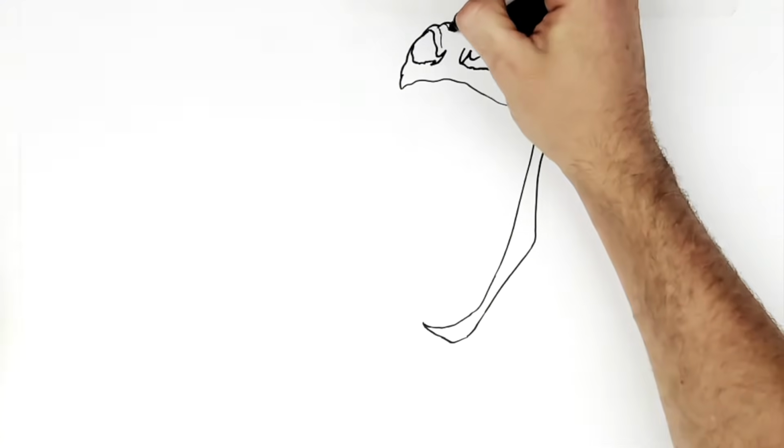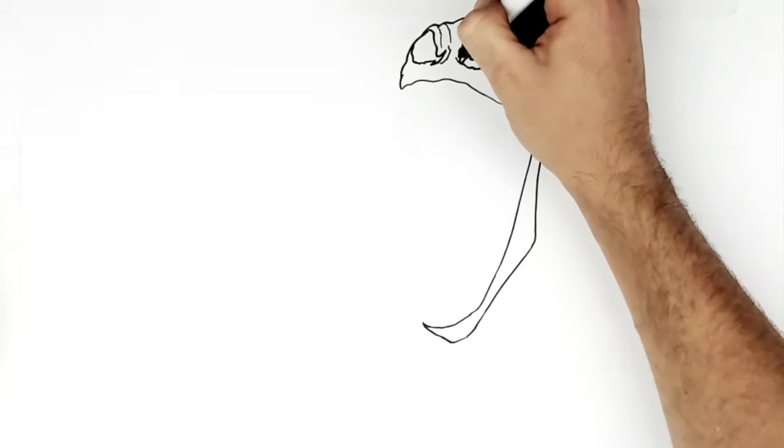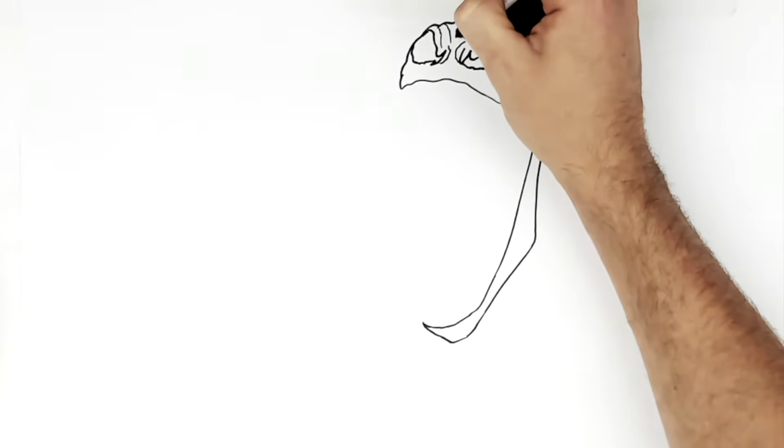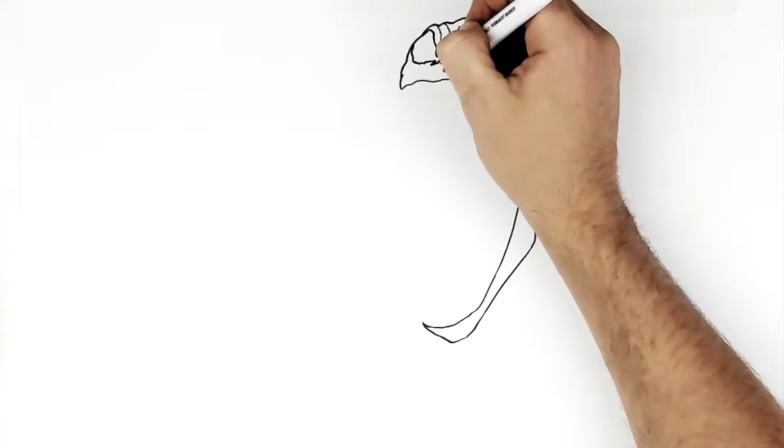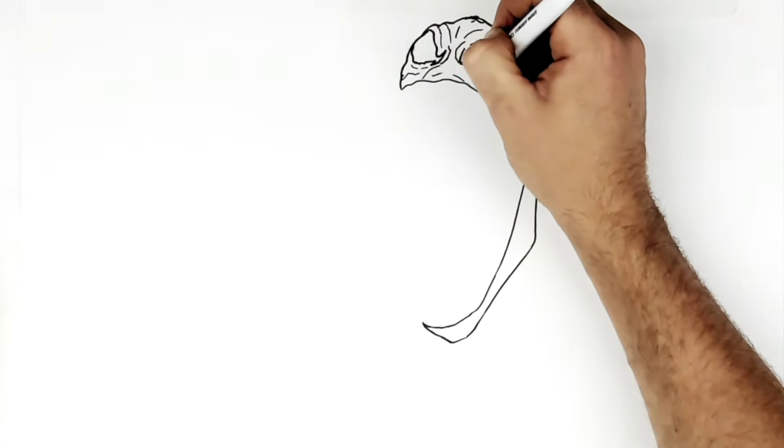And again, you can add some more wrinkles, as much of this texture as you want, just on the eye and around the bottom of his eye and his lip and stuff going this way.